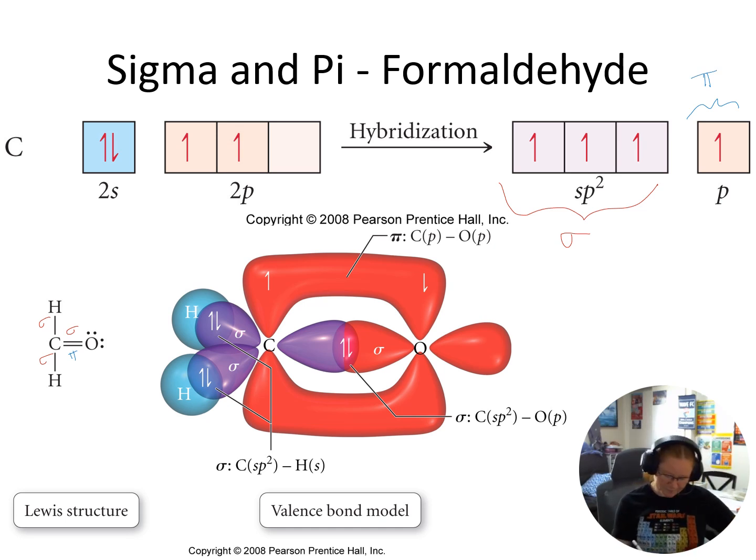And so this is our sp2 hybridized carbon, and then we've got that p orbital that didn't hybridize that gives us that right there.